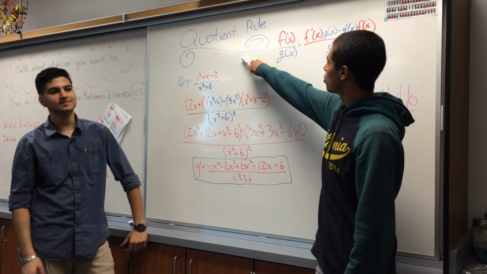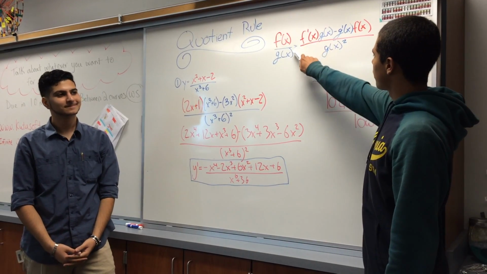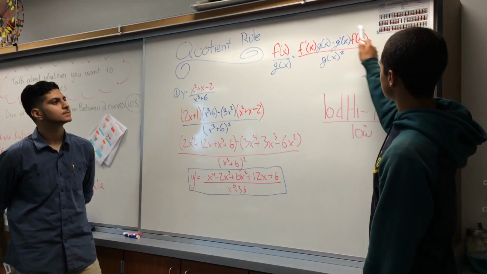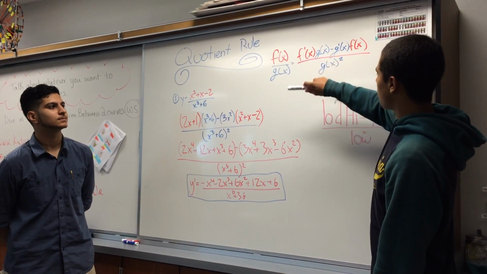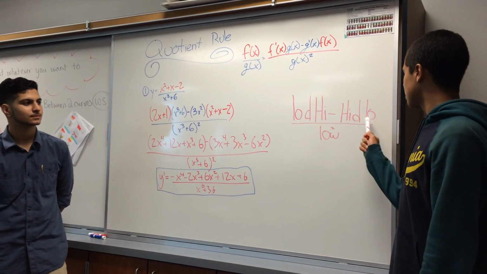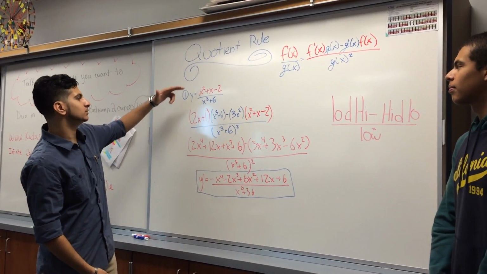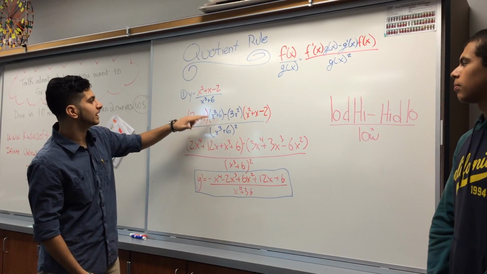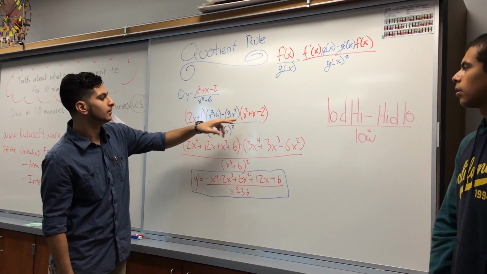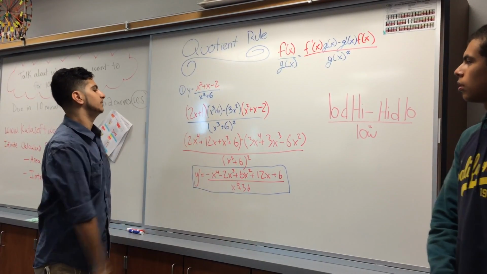Now we're going to do the quotient rule, which is basically the derivative of the top times the bottom minus the derivative of the bottom times the top, all over the bottom squared. An easy way to remember this is low d high minus high d low, all over low squared. When we begin here, we're taking the derivative of the top, multiplying it by the denominator, subtracting the derivative of the denominator multiplied by the numerator, all over the denominator squared.